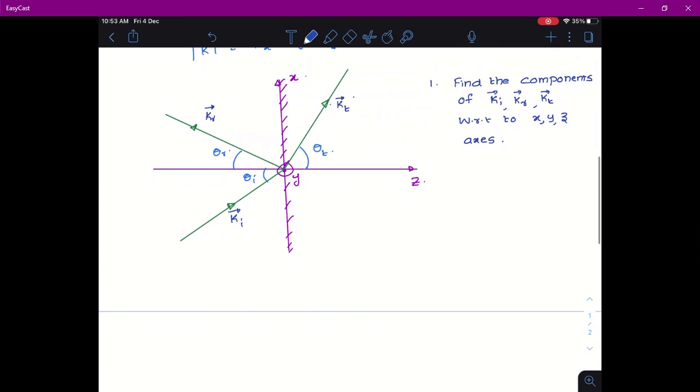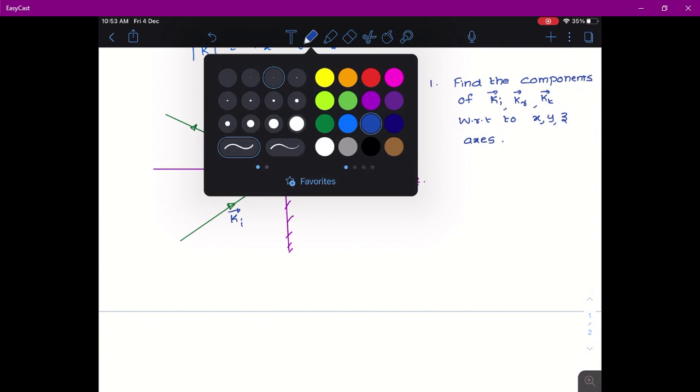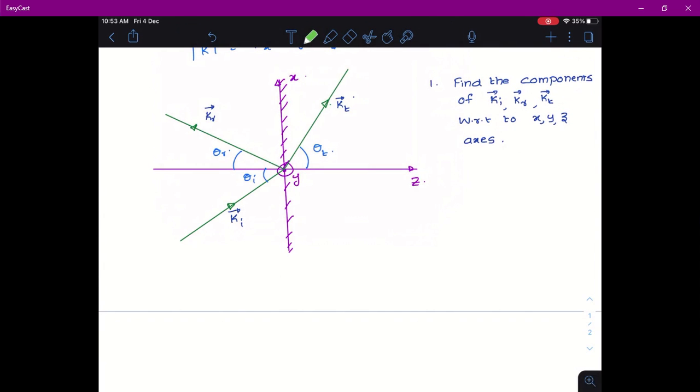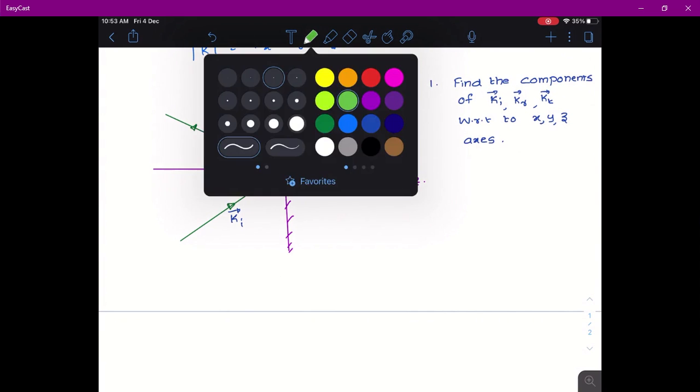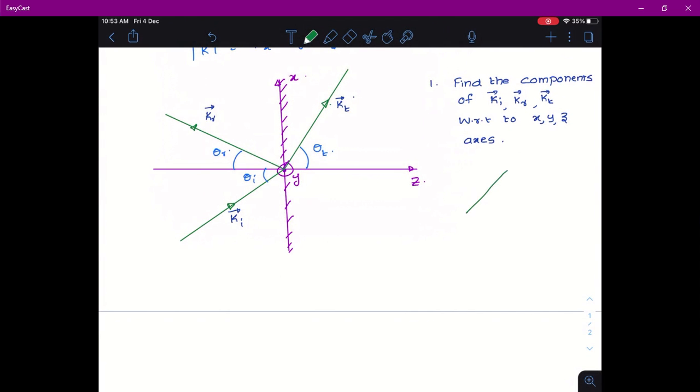So how will you do this? So let's draw that k vector. Let's see how we can make the components. So ki is something like this. I can make one parallel component, which is this, and one perpendicular component, which is this. Let me draw it correctly. This is one parallel component. There is a perpendicular component.